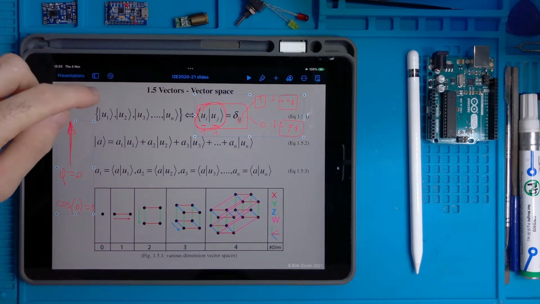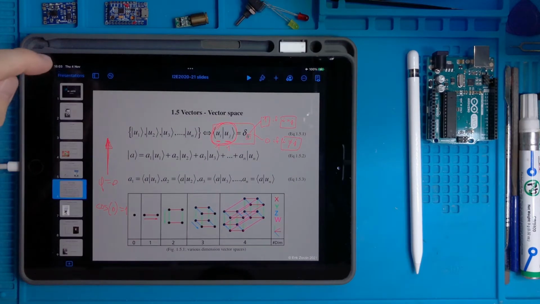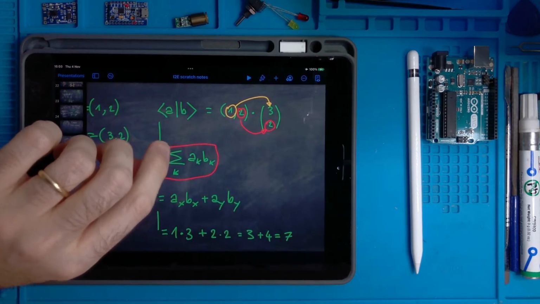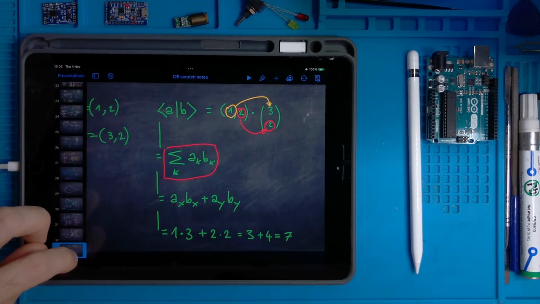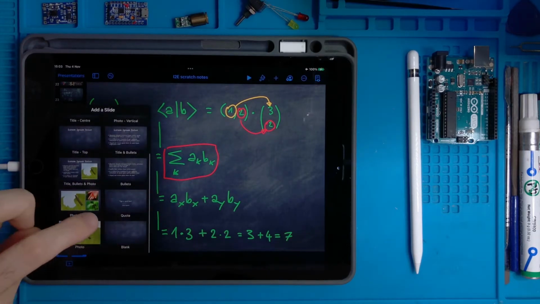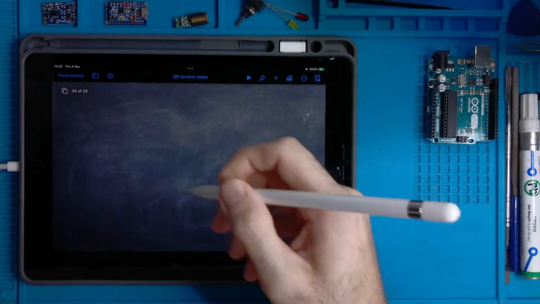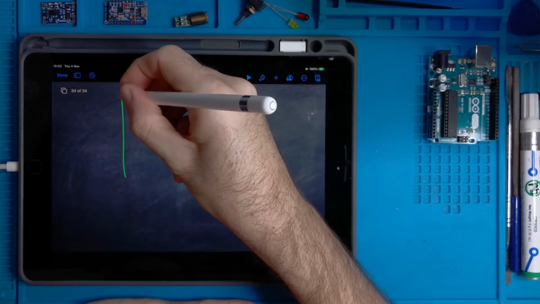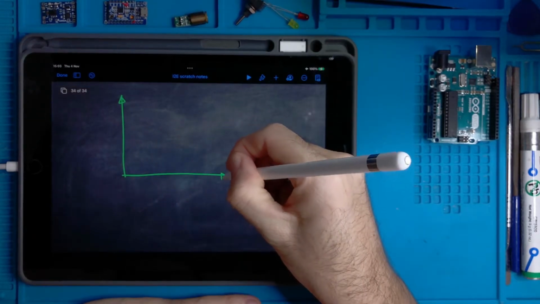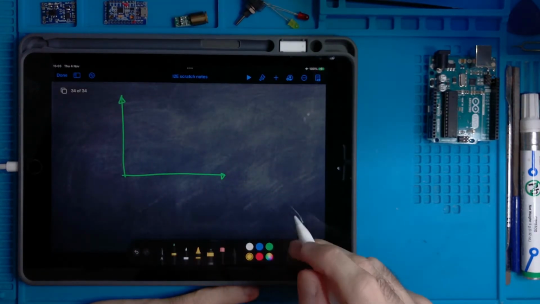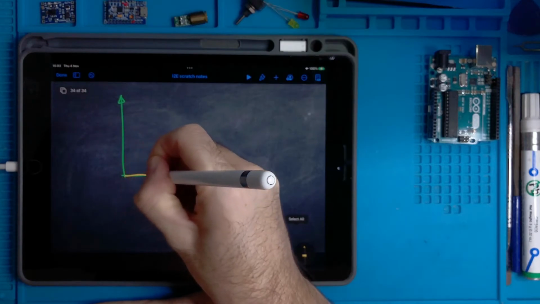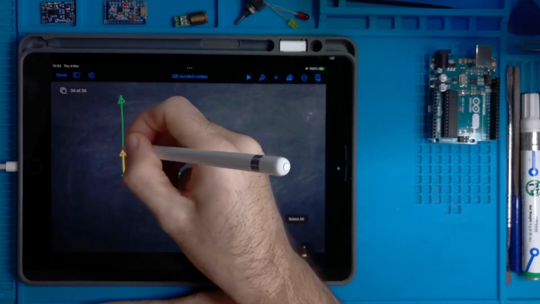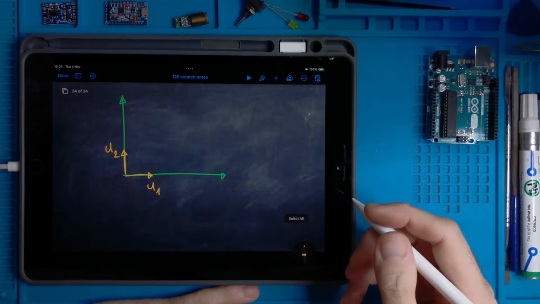So we go to our blackboard here, scratch notes. Let's take a two-dimensional simple case. Let's define a vector u1 and a vector u2.